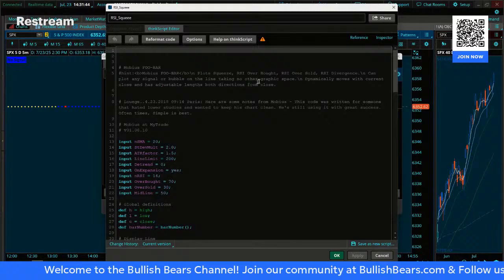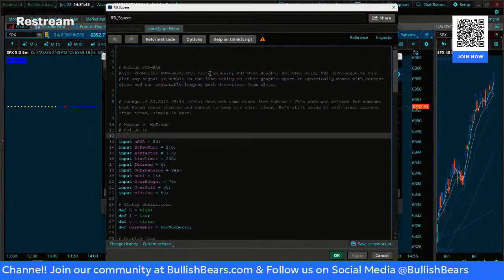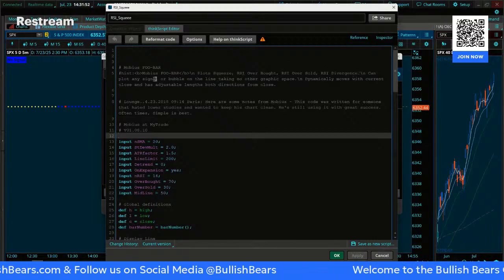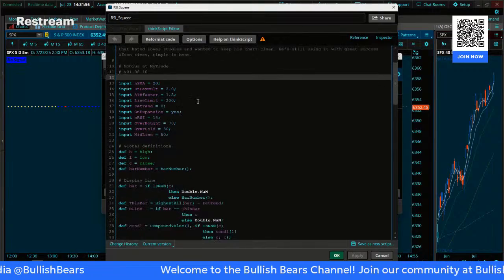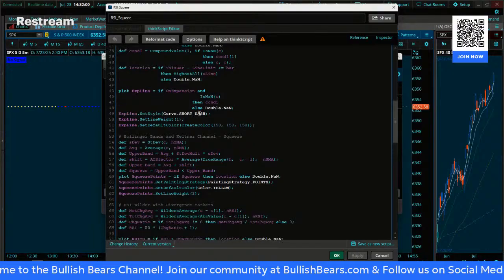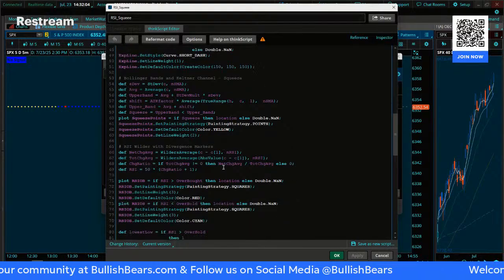He usually is really good about putting in a hint. So there we go. Plots of squeeze, RSI, overbought, oversold, and divergence. Dynamically moves with price. Squeeze is yellow.